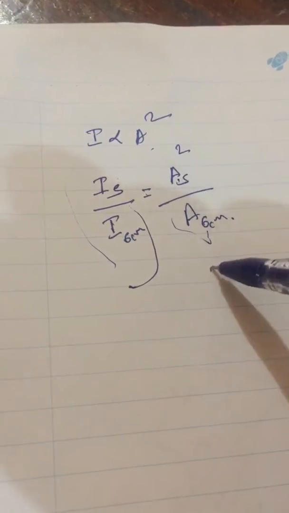So they are just asking you to find the ratio. So you just have to find the values for the amplitude at the source and amplitude at 6 centimeters.